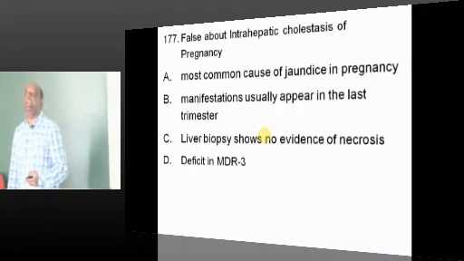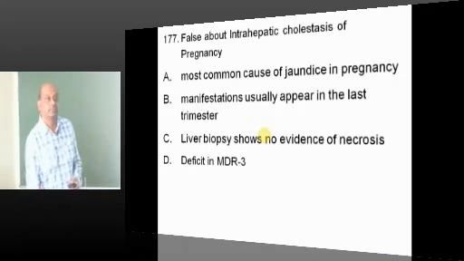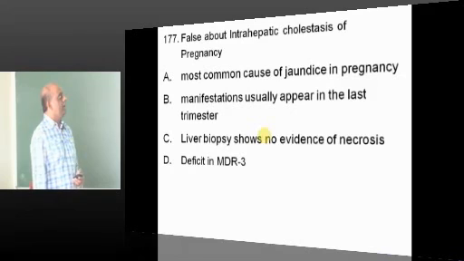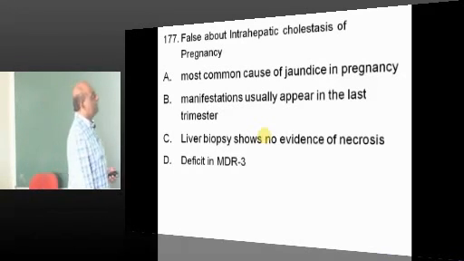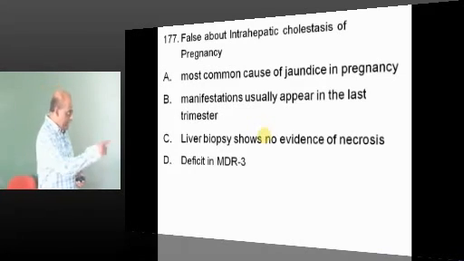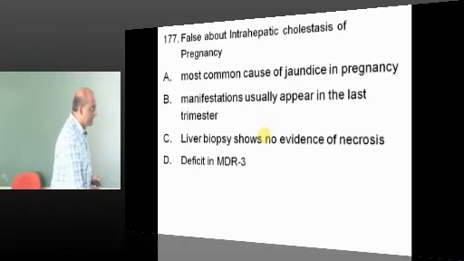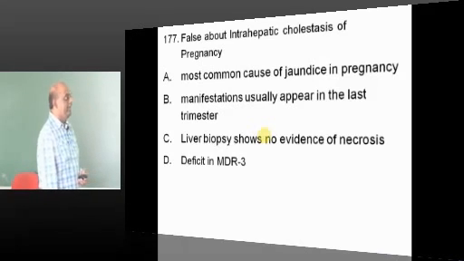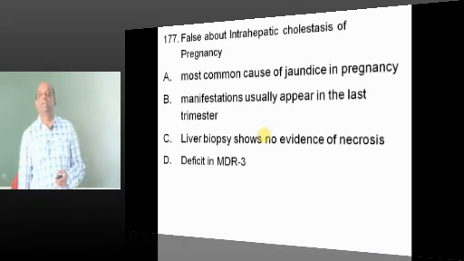What is wrong about intrahepatic cholestasis, doctor? Give one confident answer. A, C, C, D. What's the answer, doctor? Any other answer?